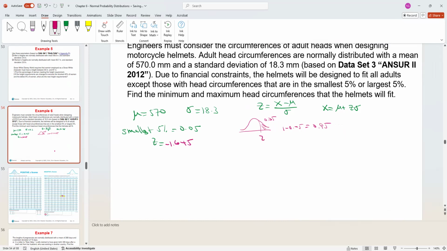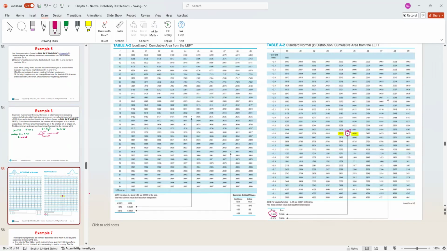The z would be 1.645, because you can look in the table and verify 0.95 on the positive side. It's either 1.64 or 1.65, because the distances are the same, so you take the one in the middle, 1.645.